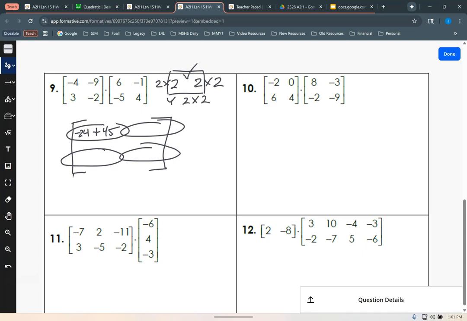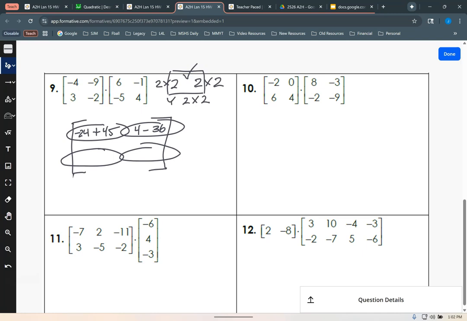Okay, so then why don't you do row 1, column 2. So let's fill in this oval here, row 1, column 2. This is going to be negative 4 times negative 1 and negative 9 times positive 4. So you should have written 4 minus 36.